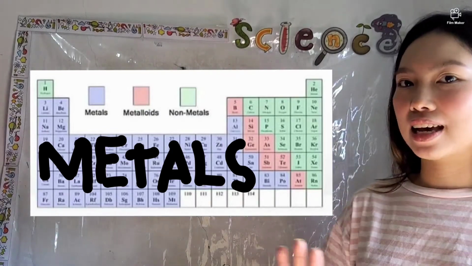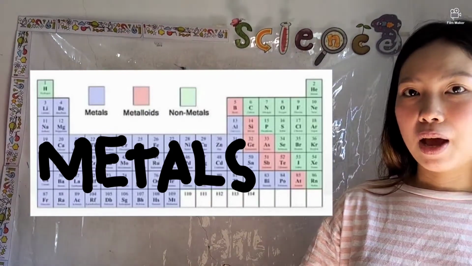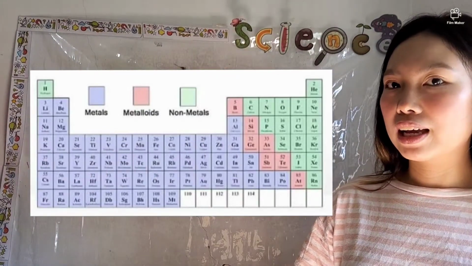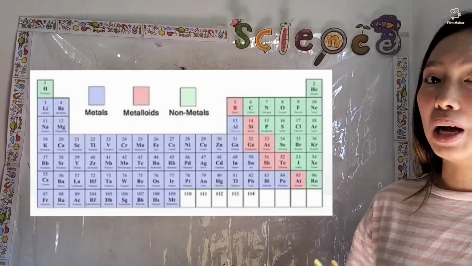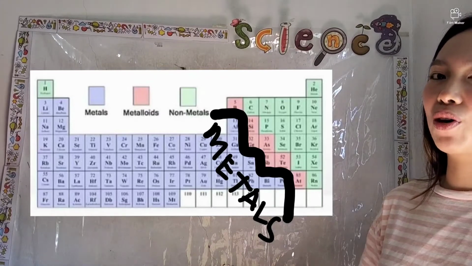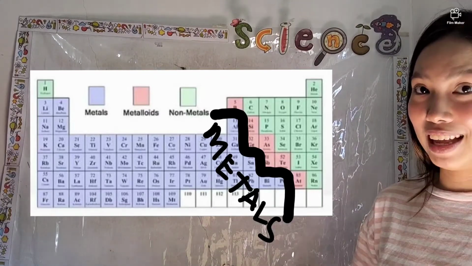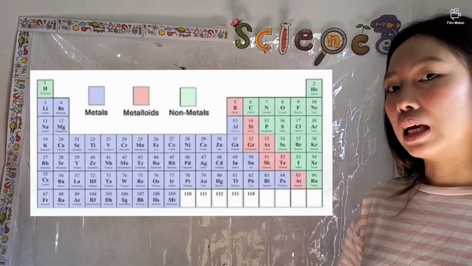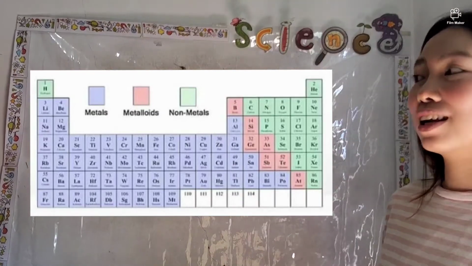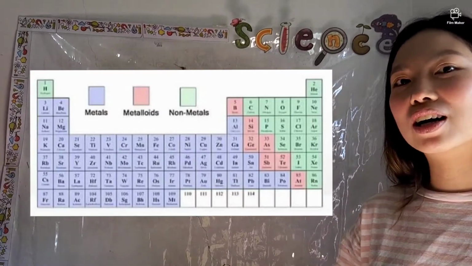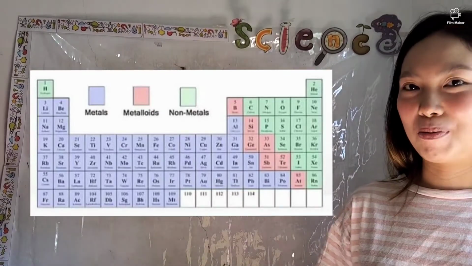So, everything on that side is metals. On the right side, there are only a few metals included in the other part, and those are all included in the metals. So, in short, you will find the metals on the left side of the periodic table, specifically this. So those are the metals in the periodic table.